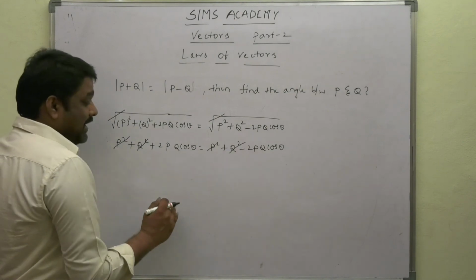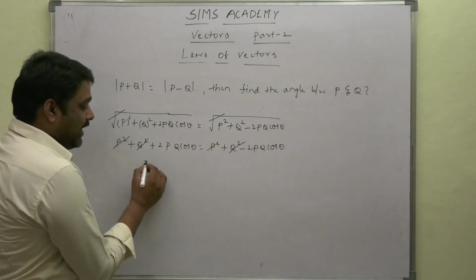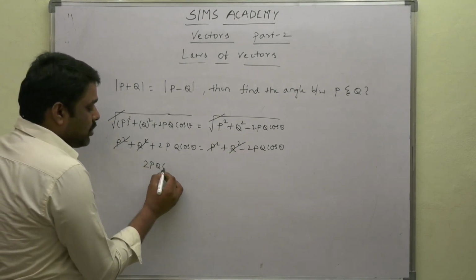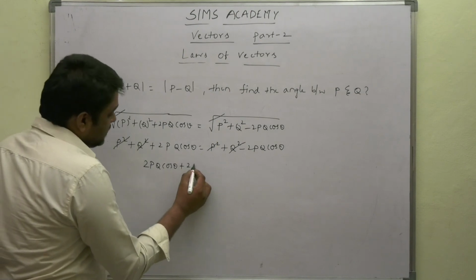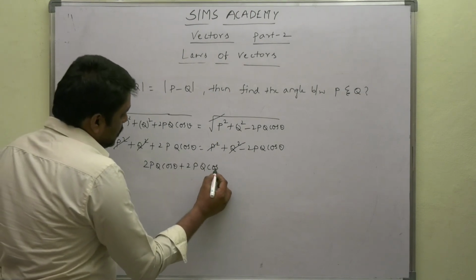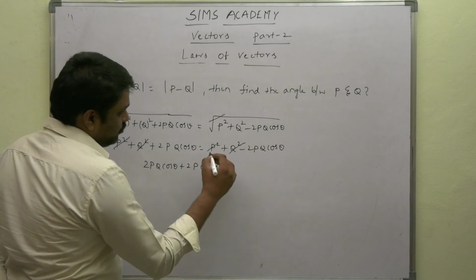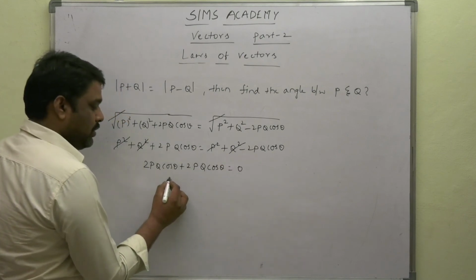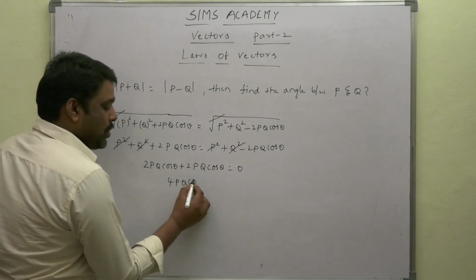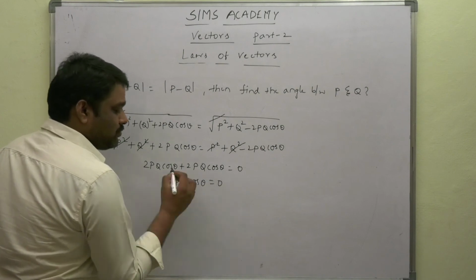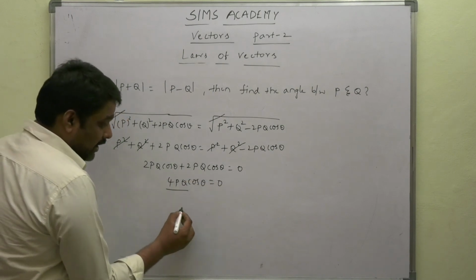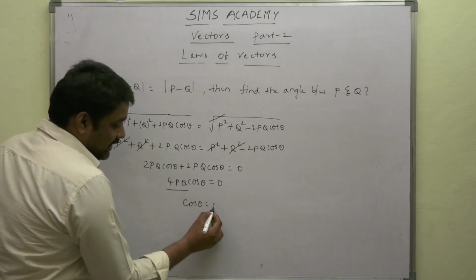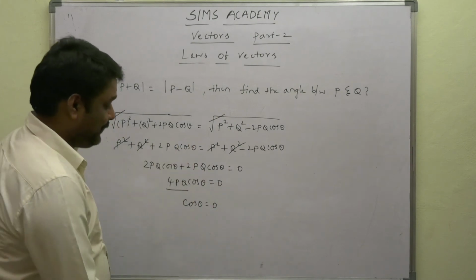Now let us bring that minus 2PQ to this side. 2PQ cos theta plus 2PQ cos theta equals 0. 4PQ cos theta equals 0, or cos theta equals 0.